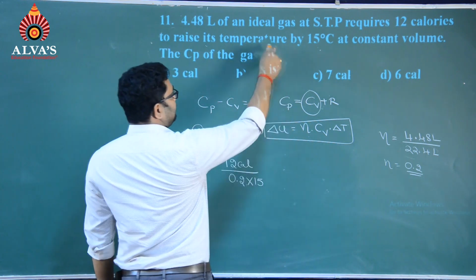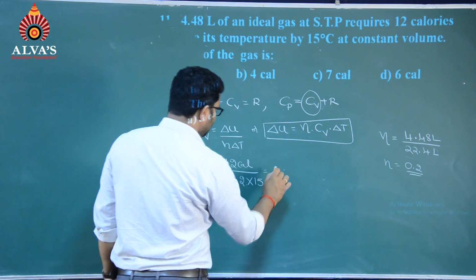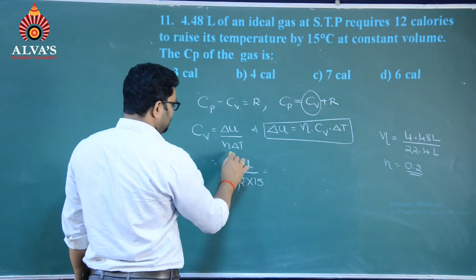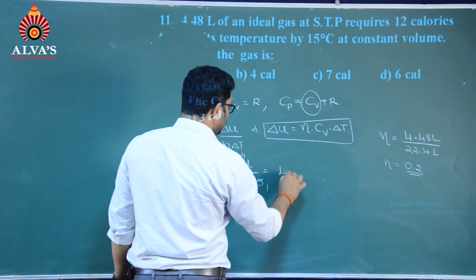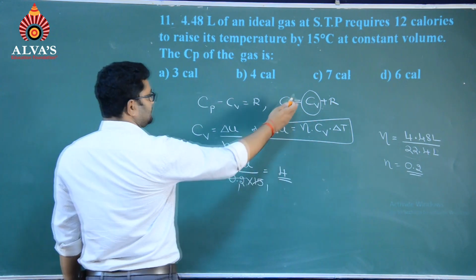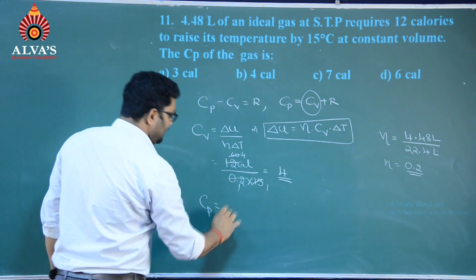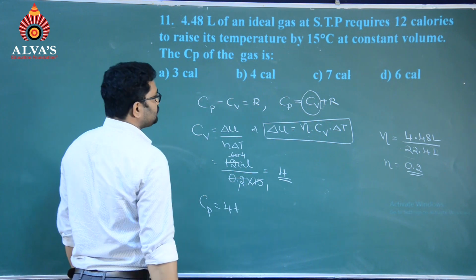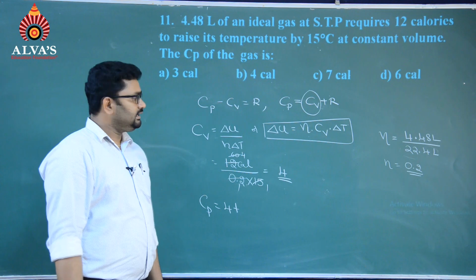Being a temperature difference, you can take the difference as 15 itself. Now, 0.2 into 15 is 3, and 12 by 3 gives Cv equal to 4. Now substitute the Cv value here: Cp equals Cv plus R, Cv is 4, and we should know the R value in terms of calories is 2.